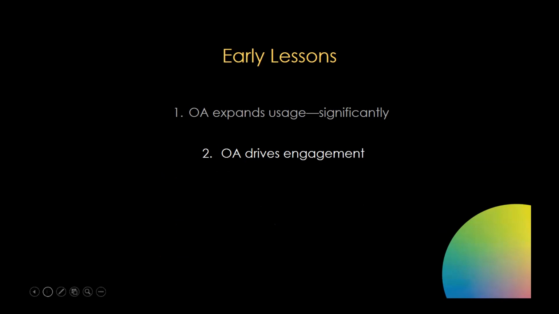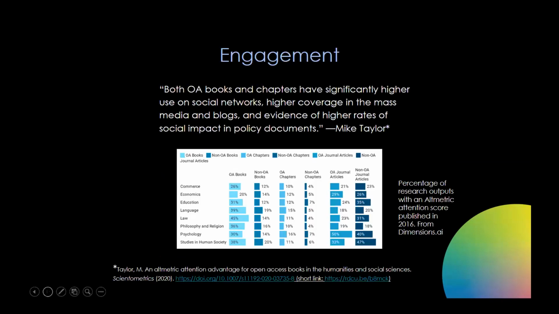Next slide, please. So this quote here from Mike Taylor, from an article that has just been published through Digital Science, really sums up very well what we're seeing with Tome, which is that OA books and chapters have significantly higher use on social networks, higher coverage in mass media and blogs, and evidence of higher rates of social impact in policy documents.